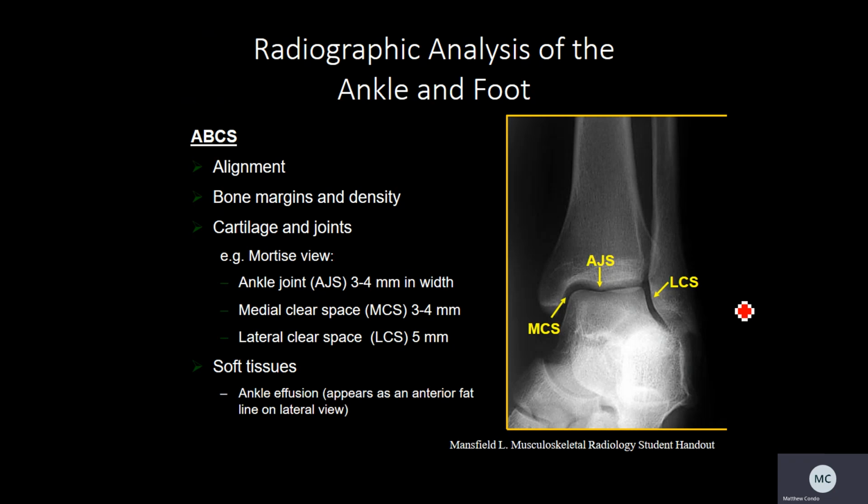If we see lateral clear space increased and medial clear space increased, what that is indicative of is that my anterior and posterior tibiofibular ligaments have been disrupted, either partially or completely, and I have what's commonly known as a high ankle sprain.